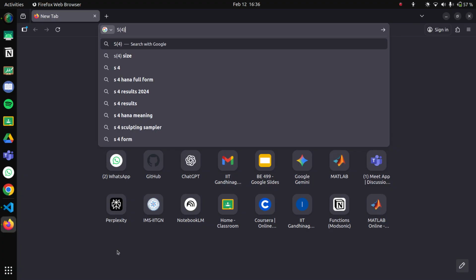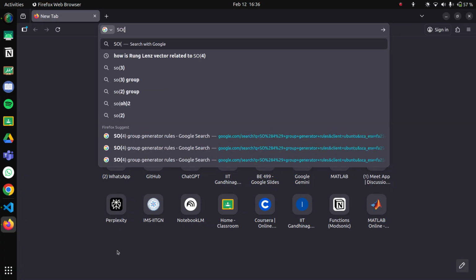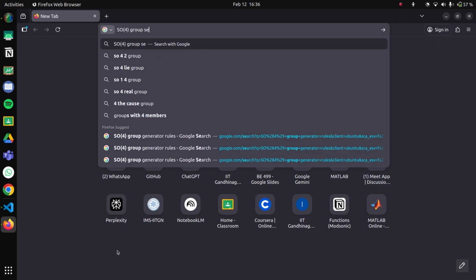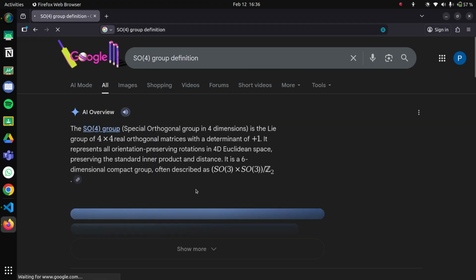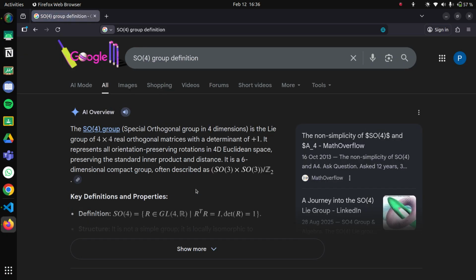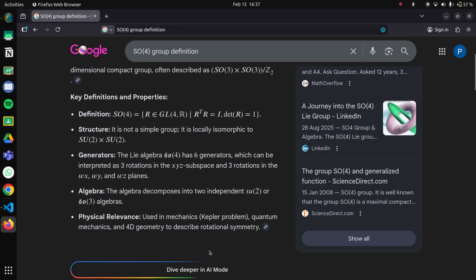SO4. What did I just write? SO4 group definition. Four cross four real orthogonal matrices with determinant of +1. That's the thing. An anti-symmetric matrix, which is a 4 cross 4 matrix, well, that also has a determinant. Yeah, sure. But that's the thing, right? It's an anti-symmetric matrix, so it actually has a determinant of 0, isn't it? All orientation preserving rotations. Yeah, that's about right. The Lie algebra has 6 generators, which can be interpreted as 3 rotations in x, y.